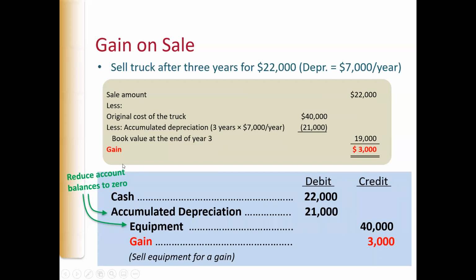So we would show cash coming in of $22,000. We want to get the asset off of our books, so we need to zero out the equipment: credit 40, debit our 21 to zero it out, and we show a gain of $3,000.